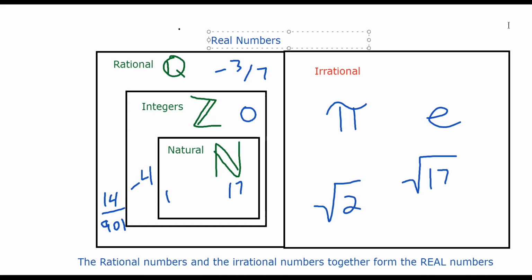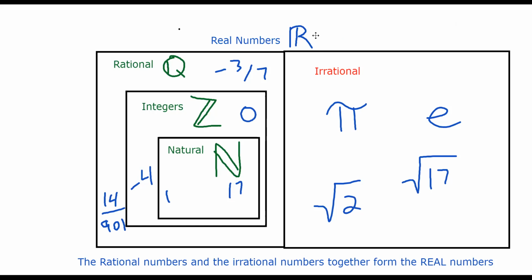So altogether, these are the real numbers. There's a special symbol for that as well, and it looks like an R. You may have seen that symbol before. And that's the real numbers.